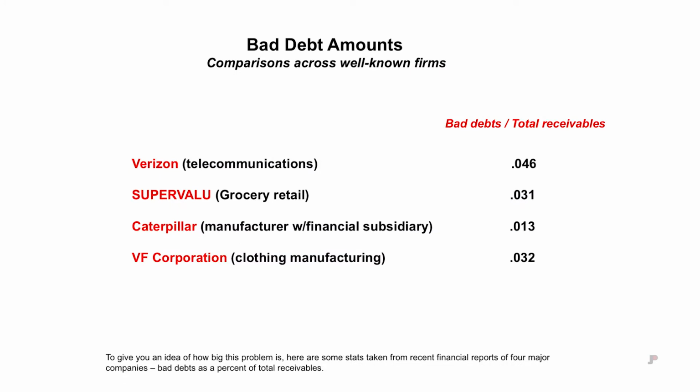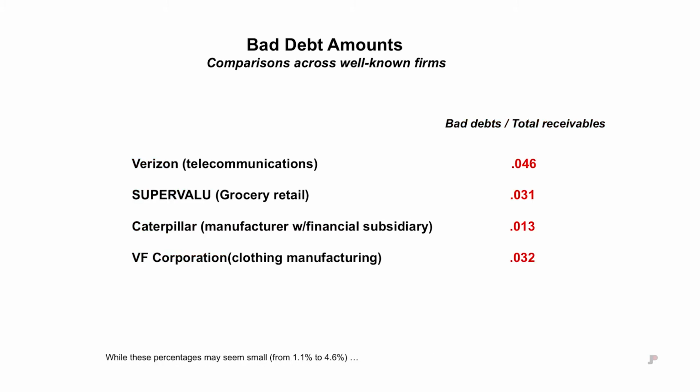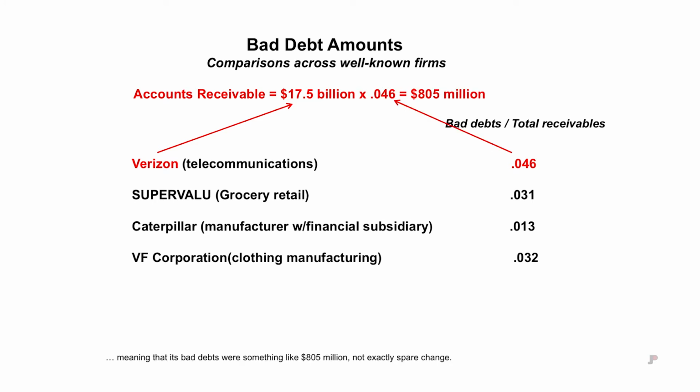To give you an idea of how big this problem is, here are some stats taken from recent financial reports of 4 major companies. Bad debts as a percent of total receivables. While these percentages may seem small, from 1.1% to 4.6%, Verizon's 2016 accounts receivables balance was $17.5 billion, meaning that its bad debts were something like $805 million.